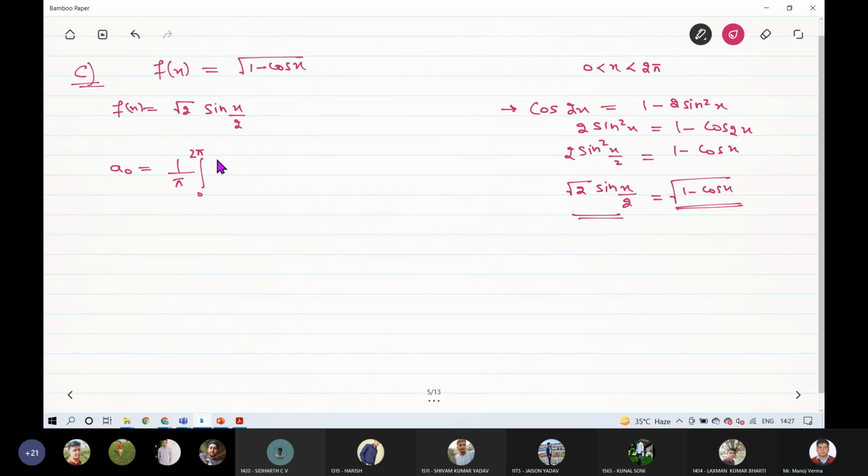So please do not miss the steps, attempt the question step by step. So it will be root 2 sine x by 2 dx.